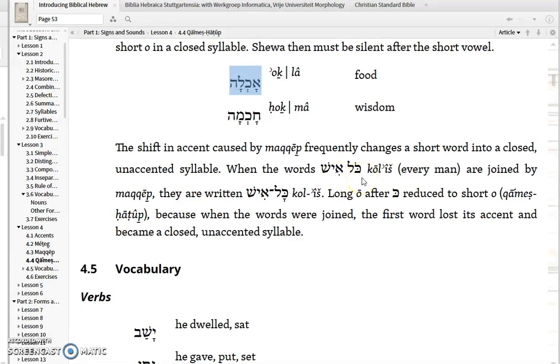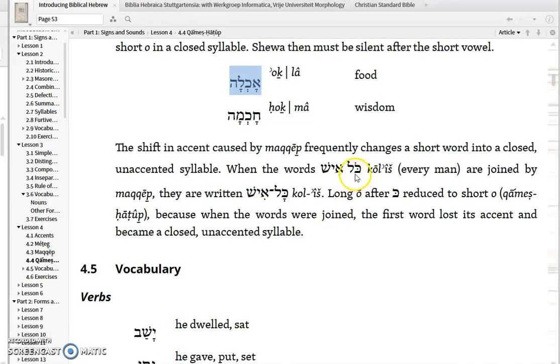All or every man. Kol also means every. Could be kol ish. No Maqqef, two syllables. Or I should say two accents. Or it could be kolish, where you slur them together as if it's one word, using the Maqqef to indicate that.